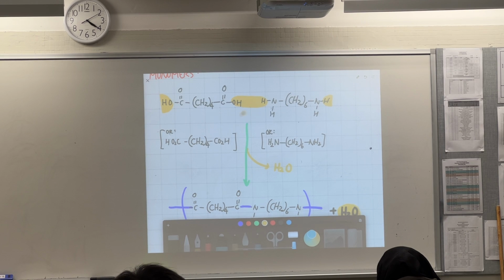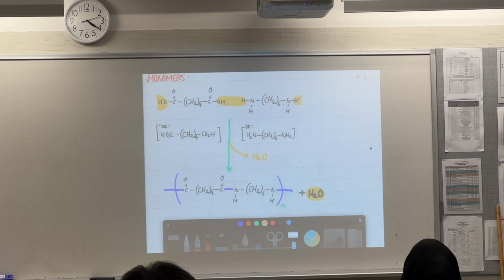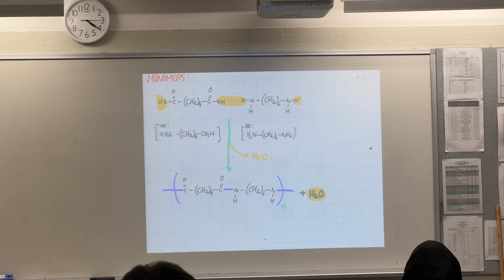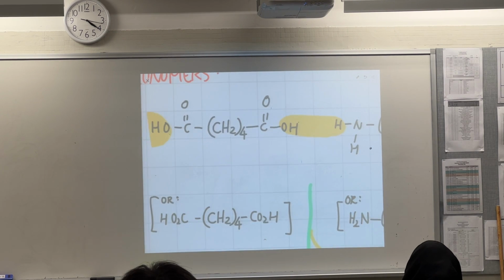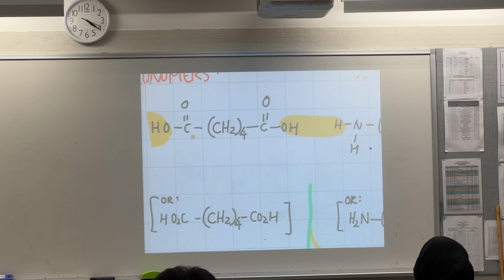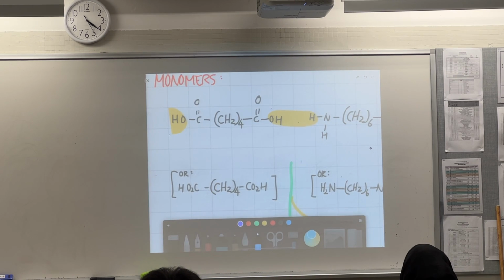Now the name. What is the name of this compound? How many carbons are there in total? 6. What is the root for 6? Hex. So any take on the name? Very close.